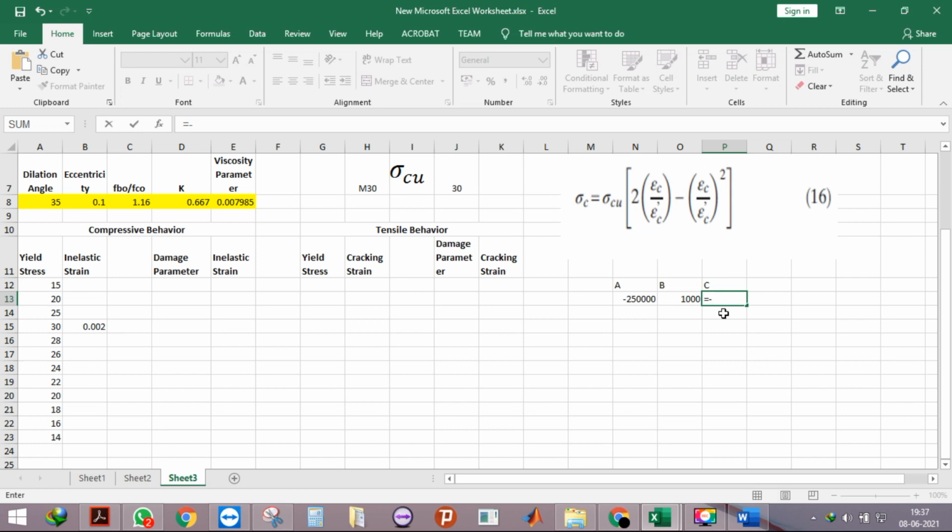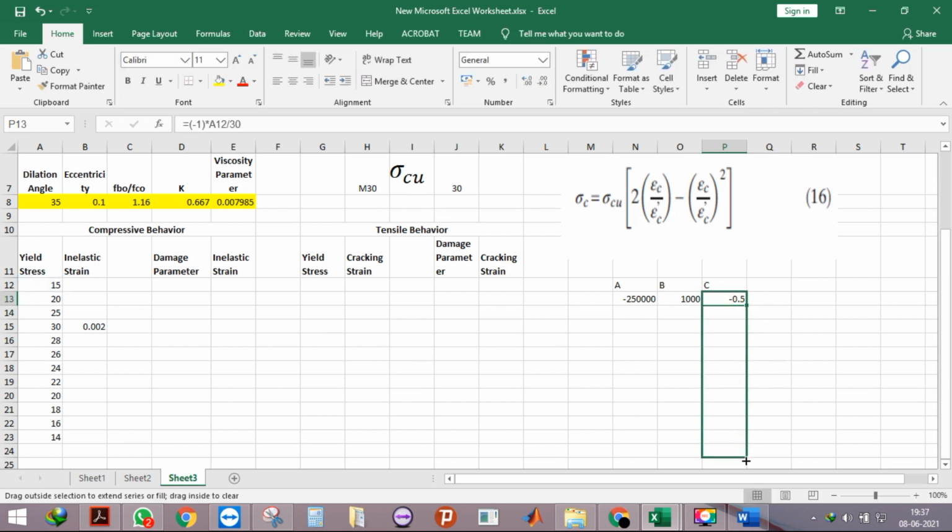I will also take minus, so it will be easier for us to obtain the results. So simply enter this. So you have got all the coefficients.